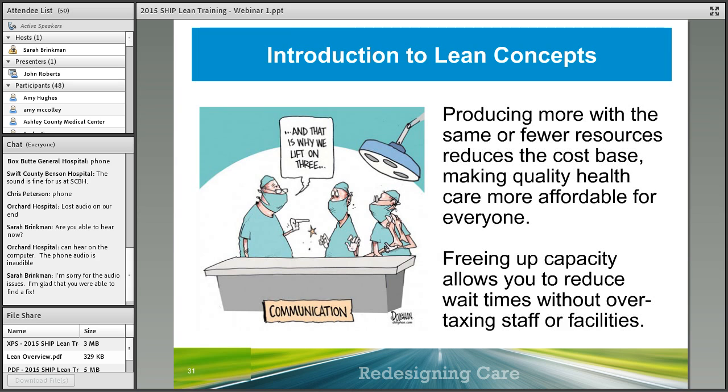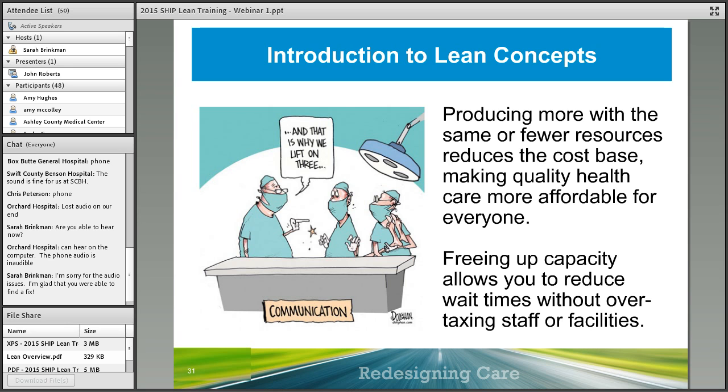And again, one of the pushbacks I get a lot from small rural hospitals, and when we're working with them, is that they're very busy and that people wear 4 or 5 different hats in their position. And I know that most of those hospitals that we work with, people are very busy. And so they always push back a little bit and say, we just don't have time to implement lean and lean thinking in our facilities.